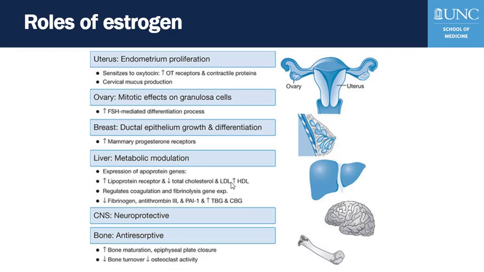Estrogen regulates the hepatic expression of genes involved in coagulation, which plays an important role in limiting blood loss following labor and delivery. In the central nervous system, estrogen has neuroprotective effects, and in the bone, estrogen promotes bone maturation during childhood and adolescence and promotes the conservation of bone mass, in part by decreasing the formation of bone-resorbing osteoclasts.